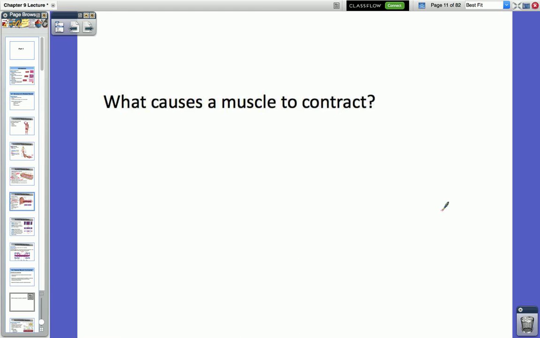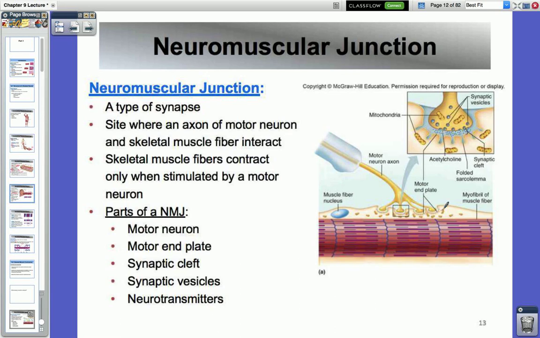And once you think it, then there, of course, must be a signal that has to be sent from your brain to that muscle or the muscles of your arm so that they can cooperate and do what needs to be done for that muscle to be contracted or to be flexed. So that means that there has to be some type of connection between a neuron, which is a nerve cell, and the muscle cell.